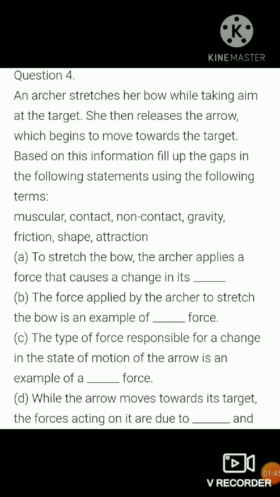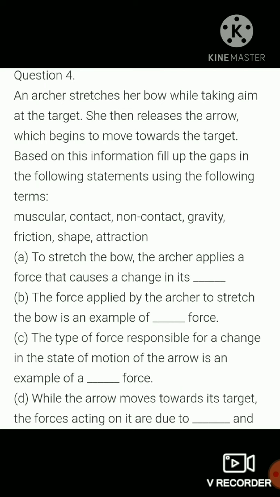So, to stretch the bow, the archer applies a force that causes a change in its shape. The force applied by the archer to stretch the bow is an example of muscular force. The type of force responsible for a change in the state of motion of the arrow is an example of a contact force.